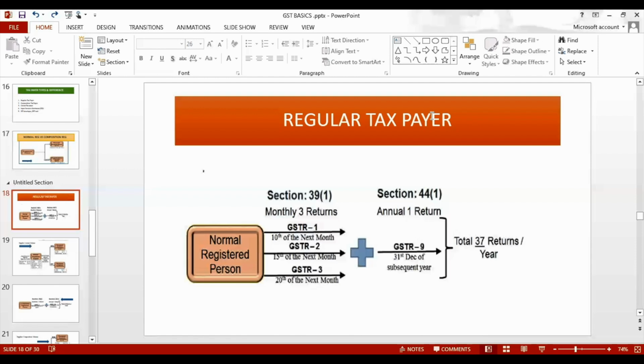Next, what is GSTR-2? GSTR-2 is the purchase details of our company. Here, we don't have any place to upload the purchase details in our portal. Our supplier enters the sales from his side in the GST portal, and my company shows it as a purchase.